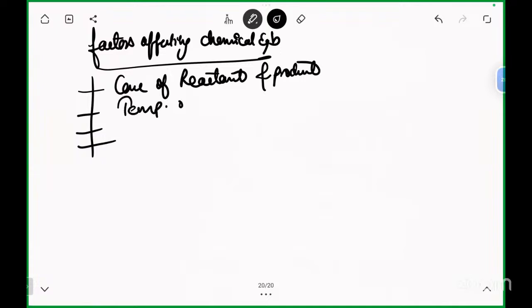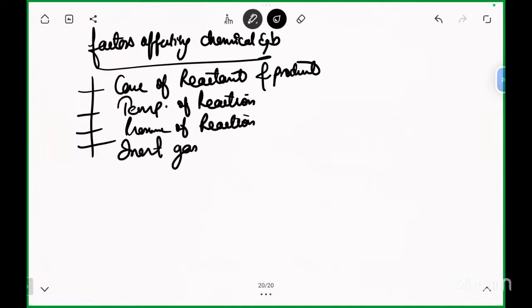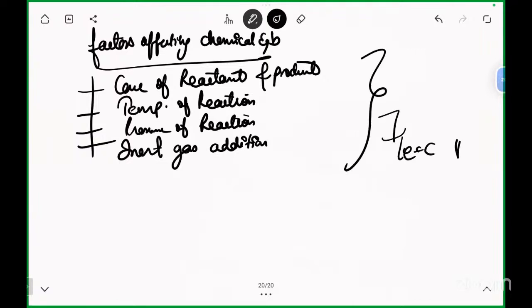Temperature of the reaction. Then pressure of the reaction and inert gas addition. For more, you can go to the Le Chatelier principle, which is again quite important.